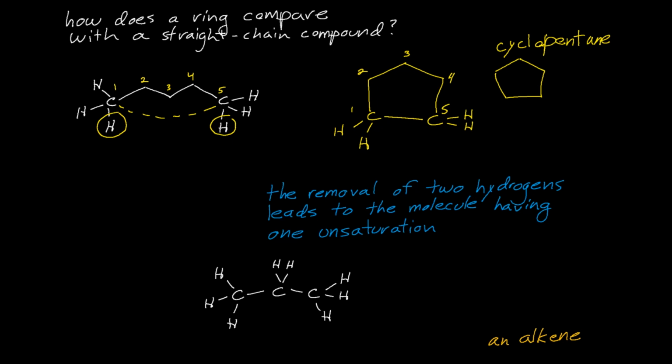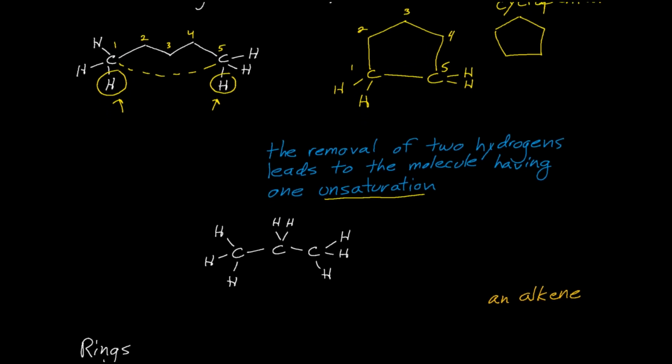The removal of 2 hydrogens, like you saw here and here, leads to the molecule having what we call one unsaturation. A ring is an unsaturation. We call it an unsaturation. So the way you would use it in a sentence is, how many unsaturations does that molecule have? And if it's cyclopentane, you would say 1.